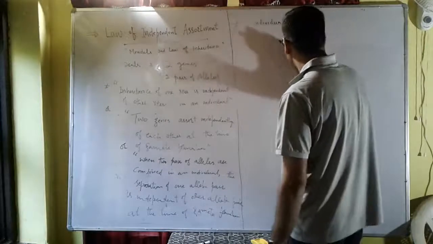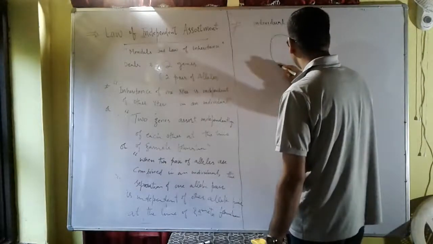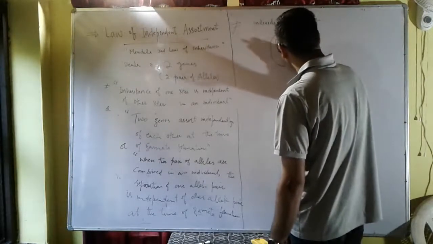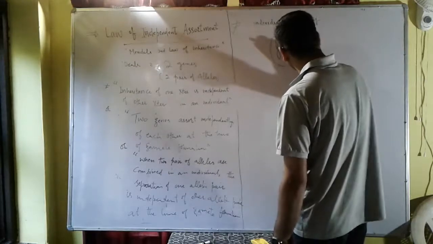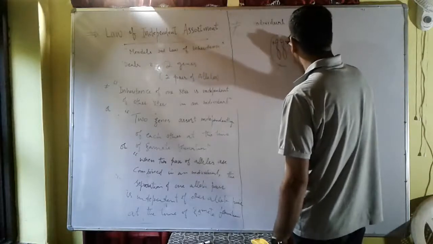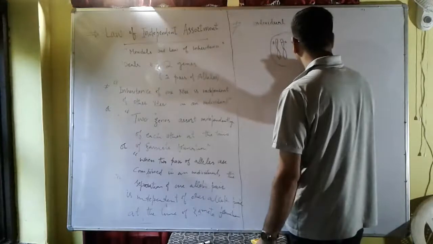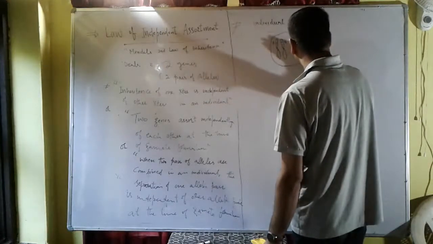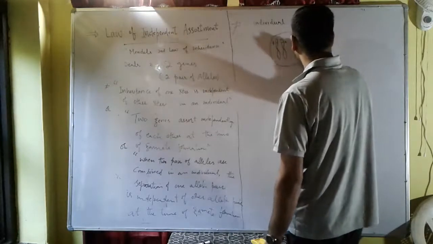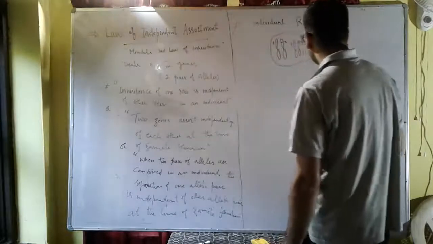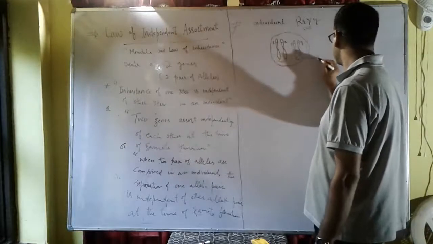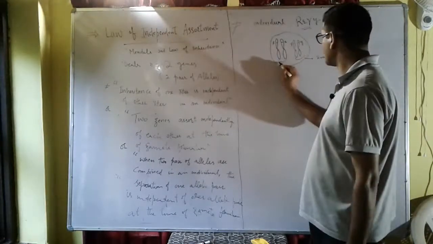Obviously, these are homologous chromosomes. This is capital R, small r. This is capital Y, small y. These are homologous chromosomes.